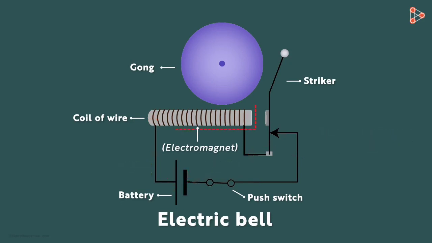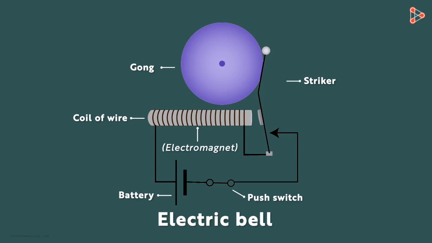But when the current flows through the coil, it becomes an electromagnet. This electromagnet then attracts this soft iron towards it. And in the process, the striker strikes the gong and the sound is produced. But notice what happens when the striker hits the gong.